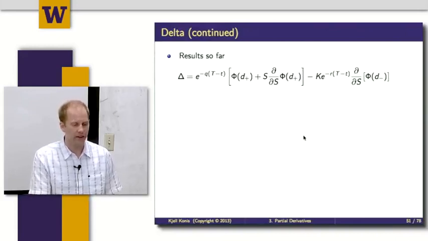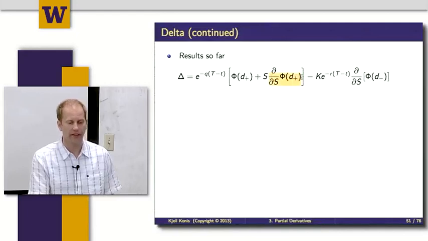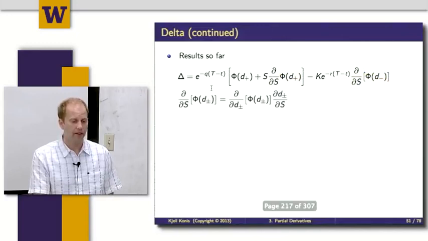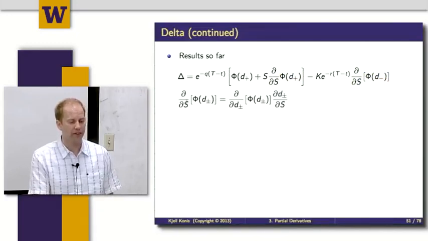So what I have so far, I have this expression for delta. And then we just evaluated this thing here and this thing here. So I have this expression for the derivative of capital phi.